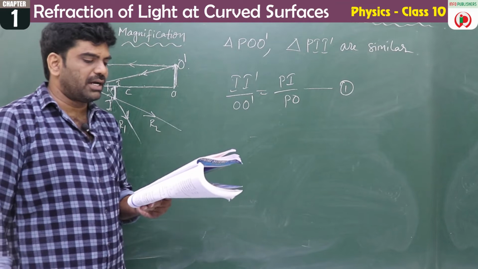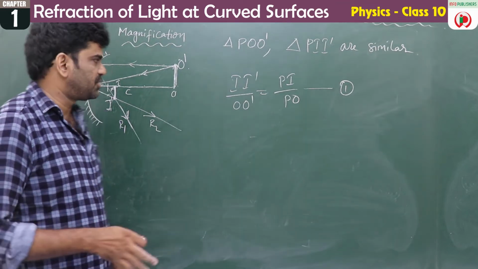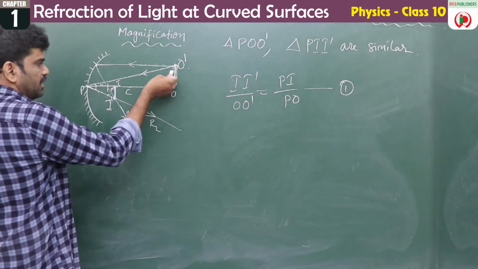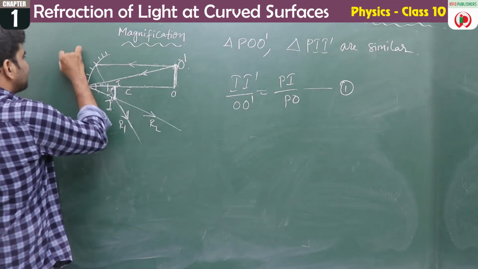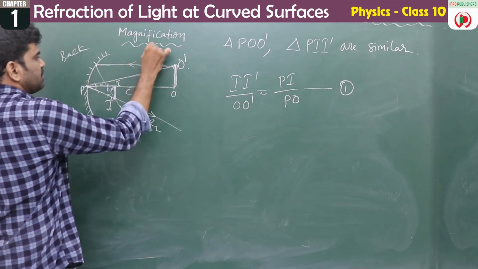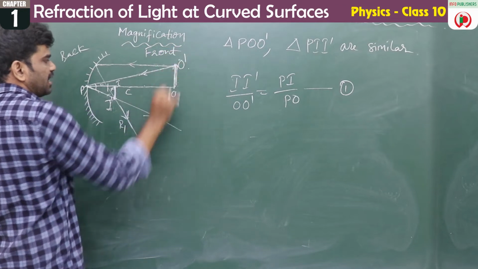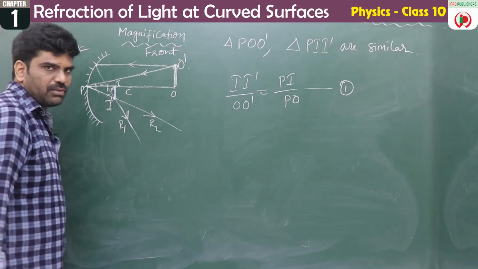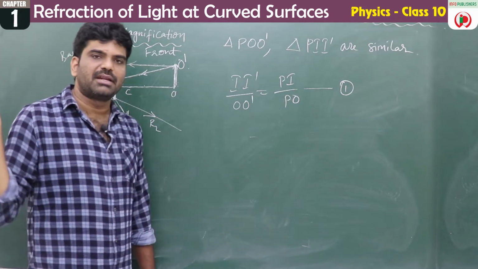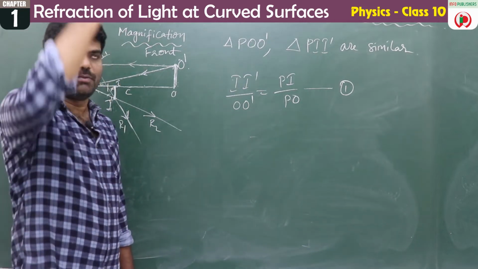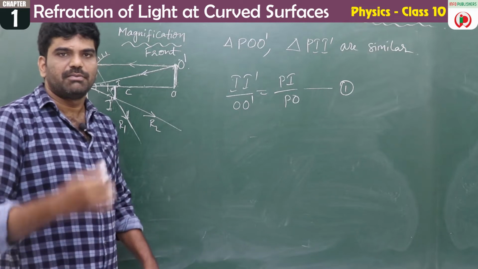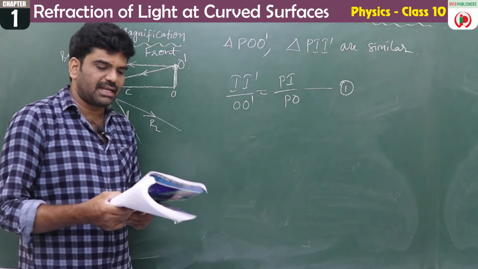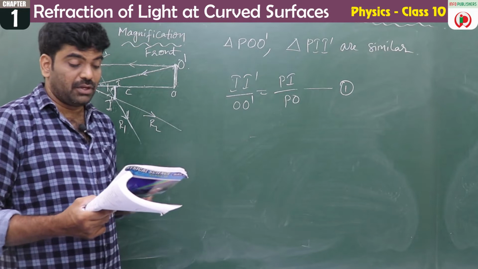Now according to the sign convention, this is the front side of the mirror and this is the back side. Values in front of the mirror are taken as negative, behind the mirror as positive, above the mirror as positive, and below the mirror as negative.